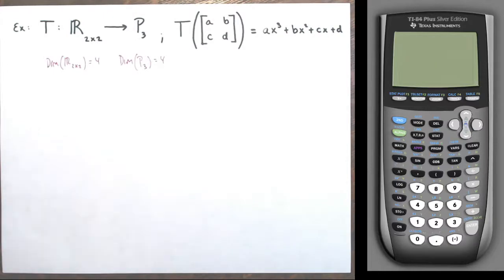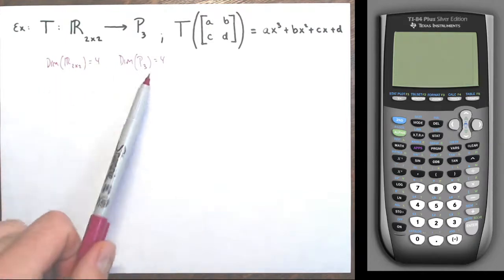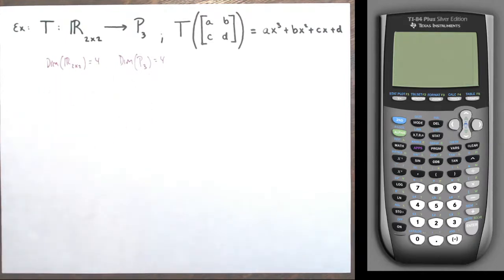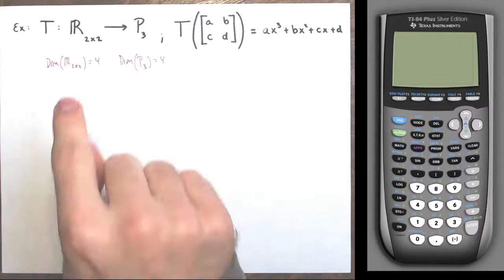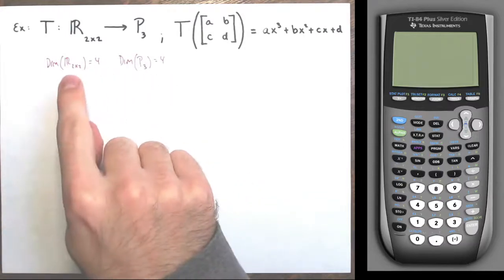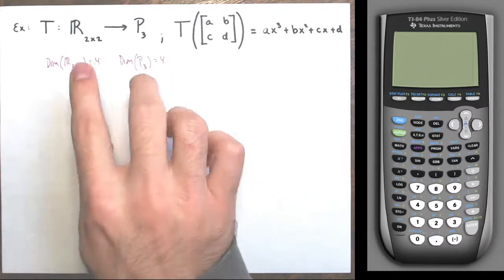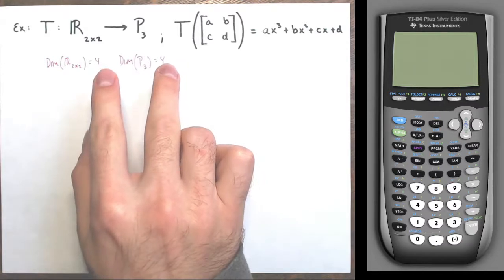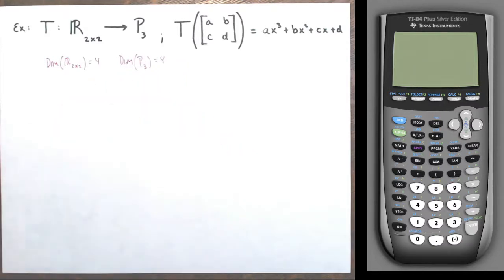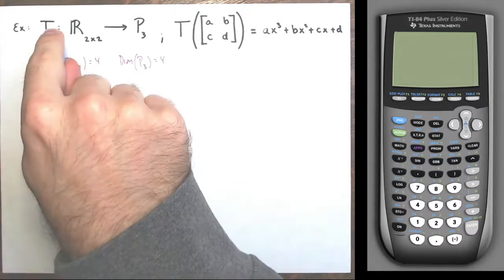Now this does not mean that this is an isomorphism. This means that the sets are isomorphic. This tells me that R2x2 and P3 are isomorphic. They have the same dimension. That means there is at least one transformation between them that's an isomorphism. That doesn't mean that this one is.